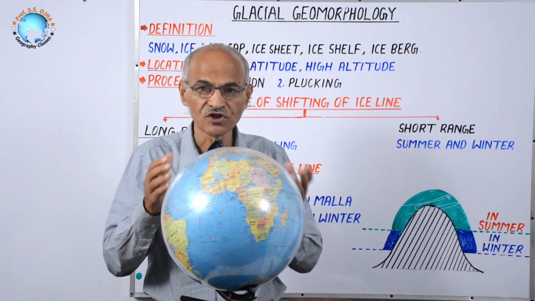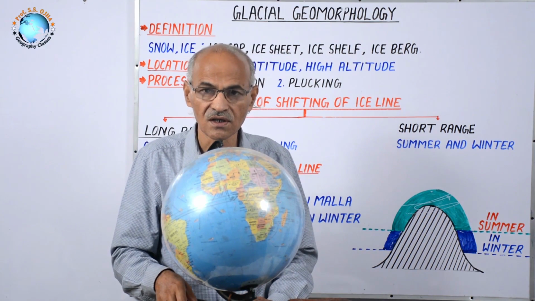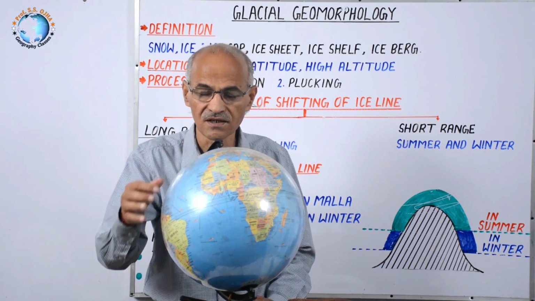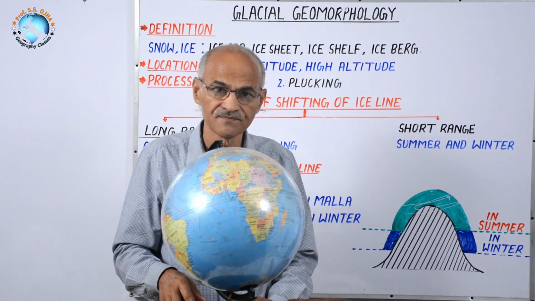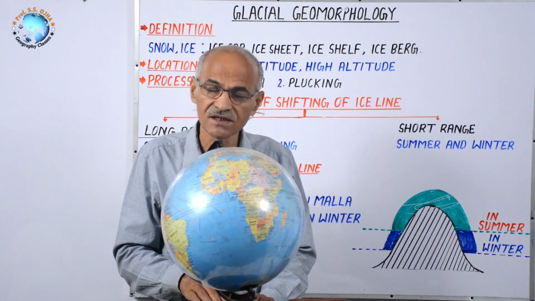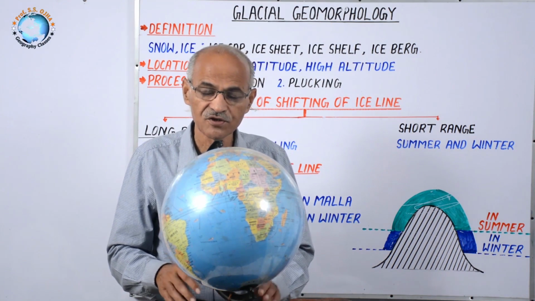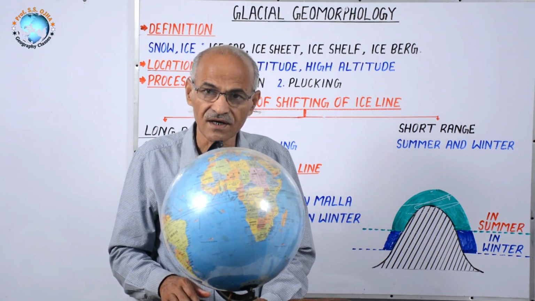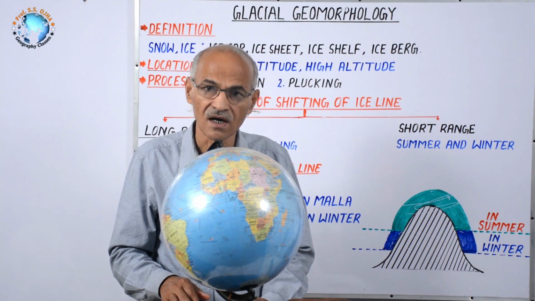So during glaciation, as you know, the water starts freezing from the polar region, both the poles, and proceeds toward the equator in lobe shape, especially over the continent or land part. And during glaciation, a vast part of the planet Earth is covered with ice.